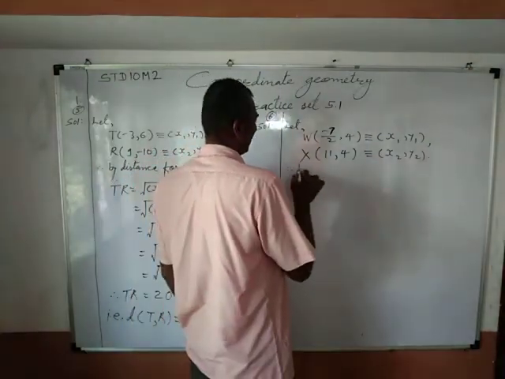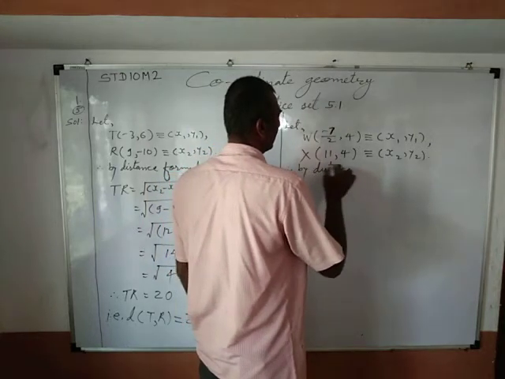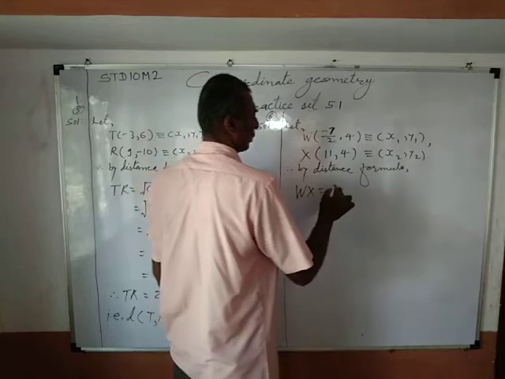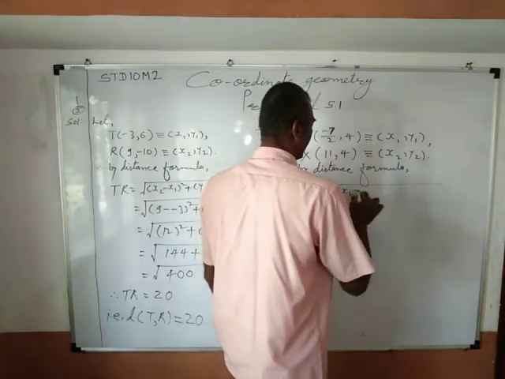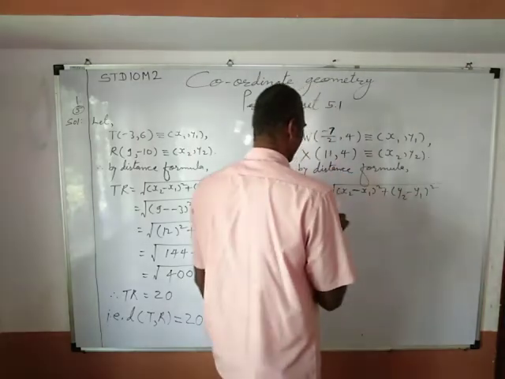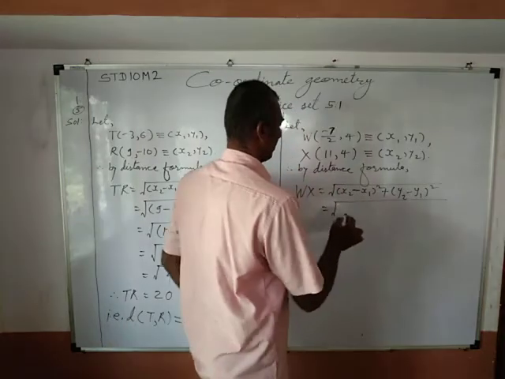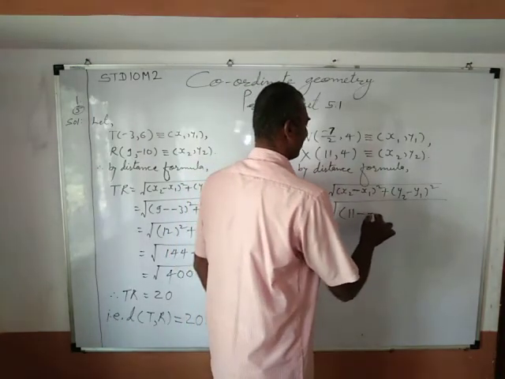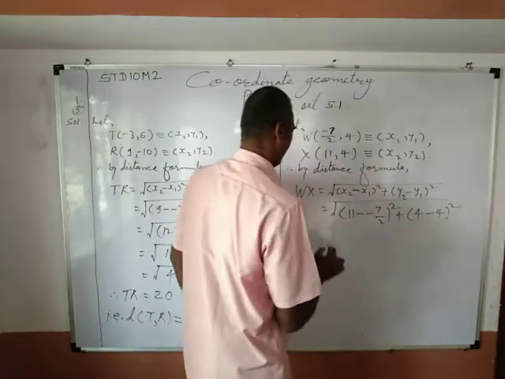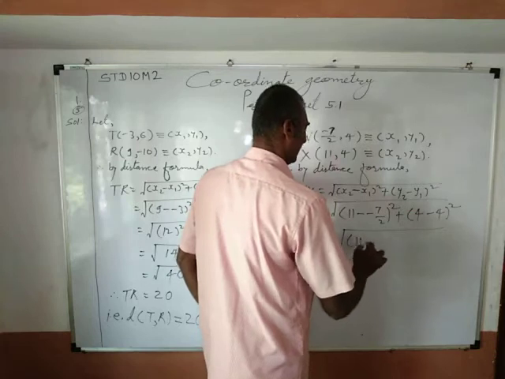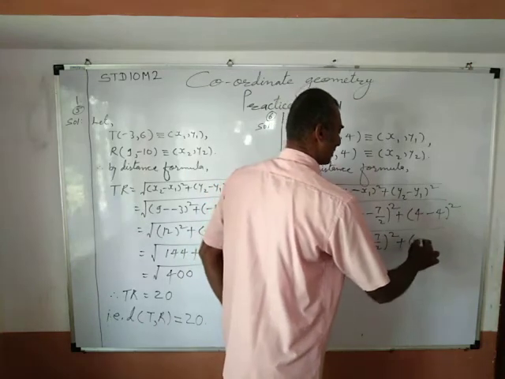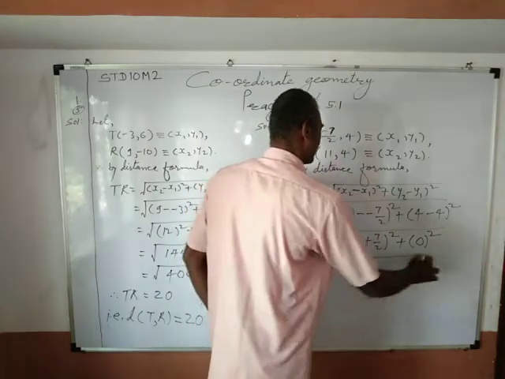Therefore, by distance formula, WX equals under root (x2 minus x1) bracket square plus (y2 minus y1) bracket square, equals under root (11 minus minus 7 upon 2) its square plus (4 minus 4) its square, equals under root (11 minus minus uses plus 7 upon 2) its square plus (4 minus 4 is 0) its square, equals under root.